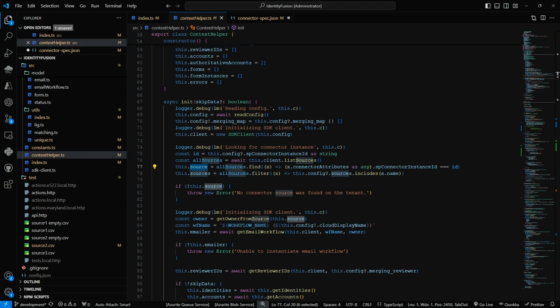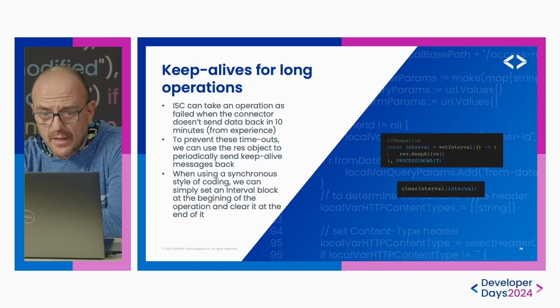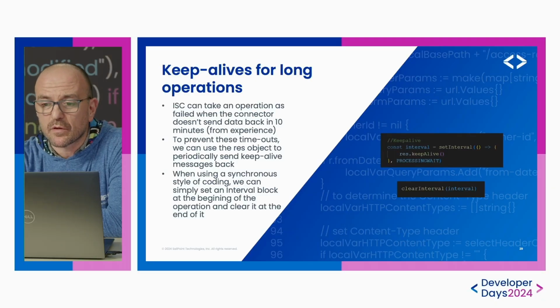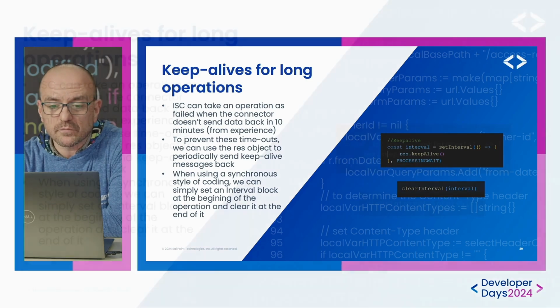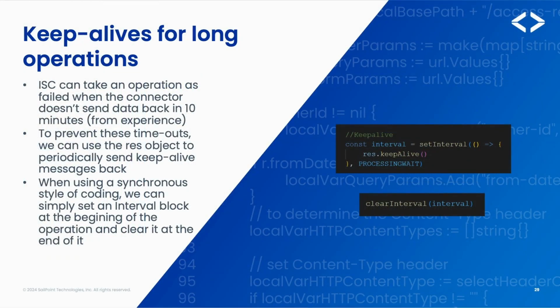And now, finally, as a wrap-up, a final trick from the back. This one helps with dealing with long operations that may time out. The easiest solution I found, considering the synchronous-like syntax I use when writing my connectors, is opening potentially long operations with a set interval block that periodically sends keep alives using the res object.